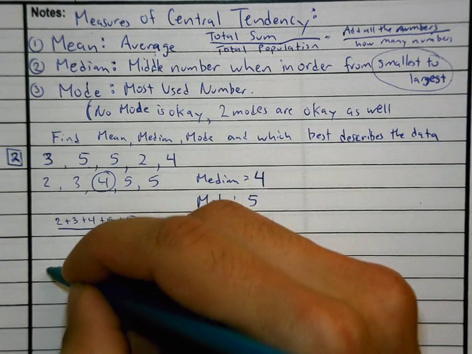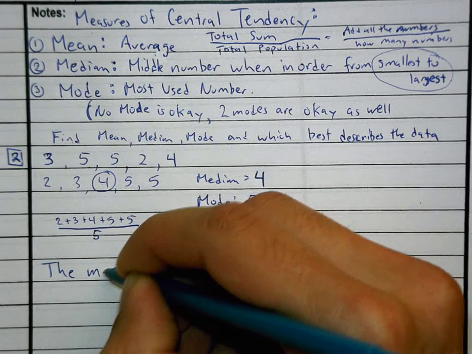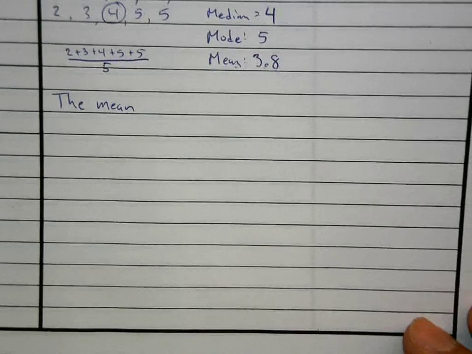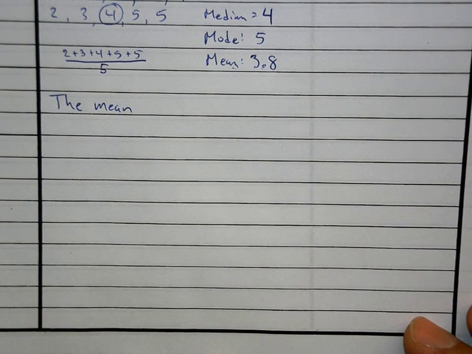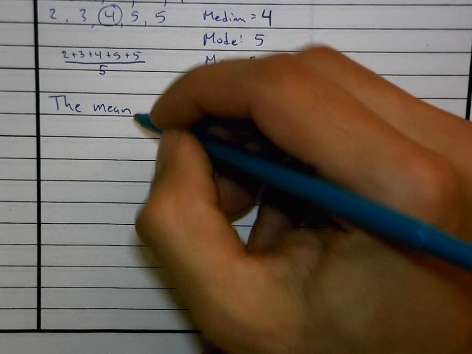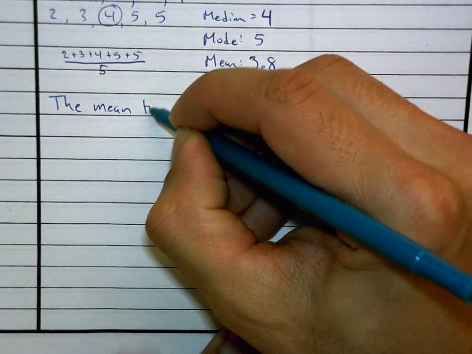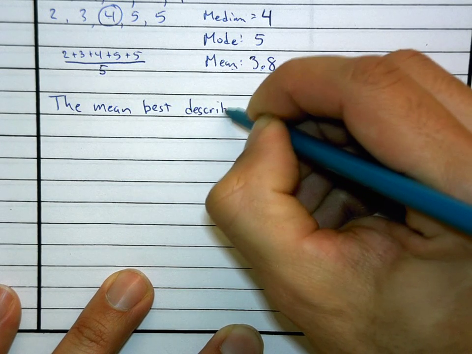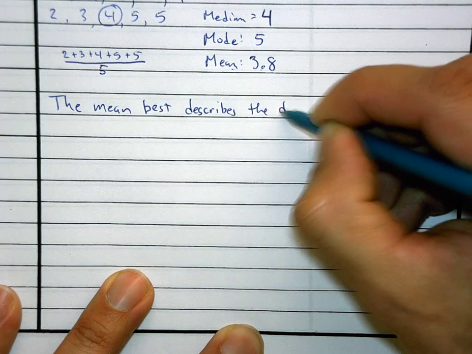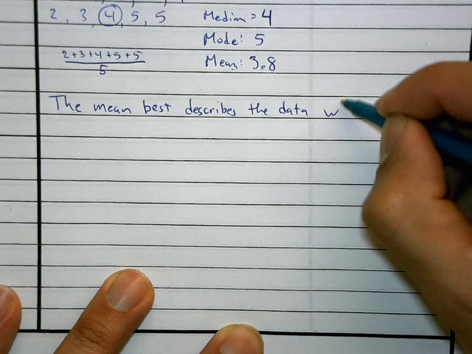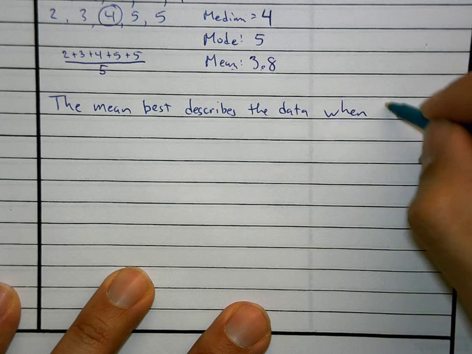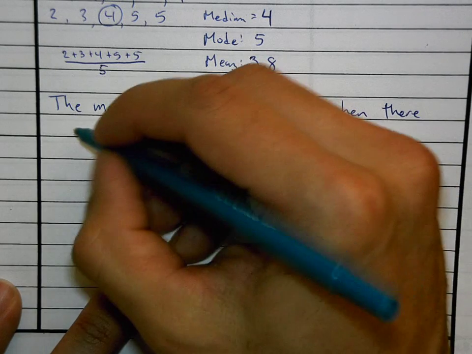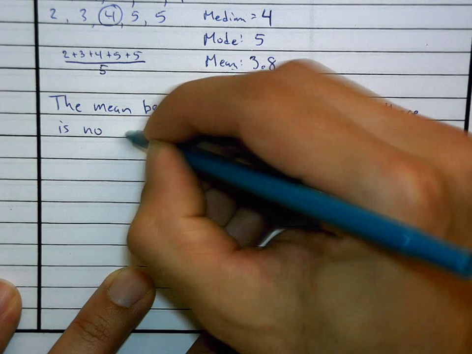The mean, let's write this down. Best describes the data when there is no outlier.